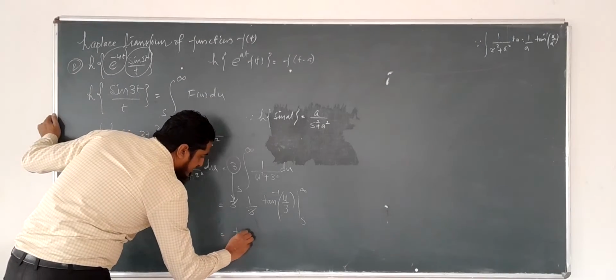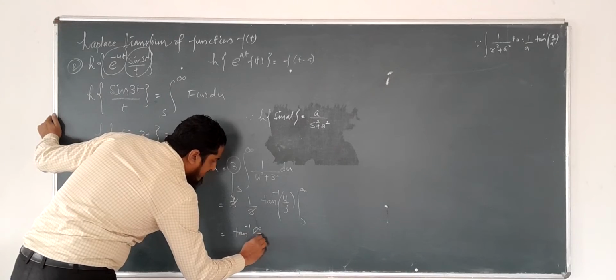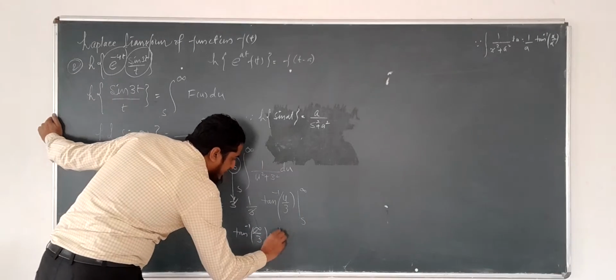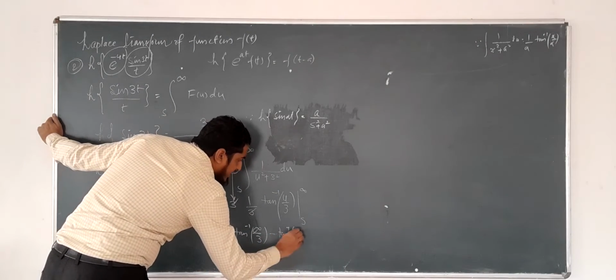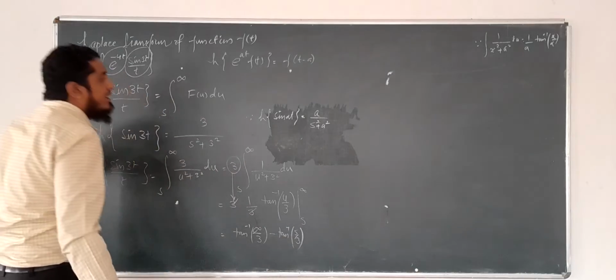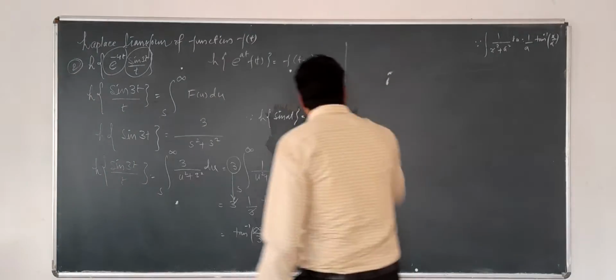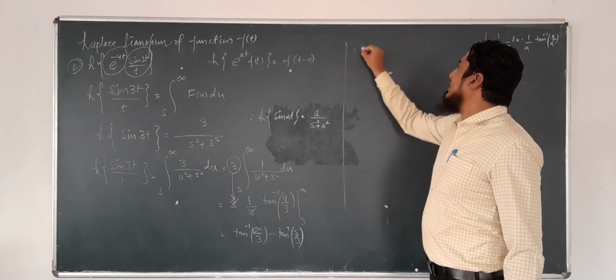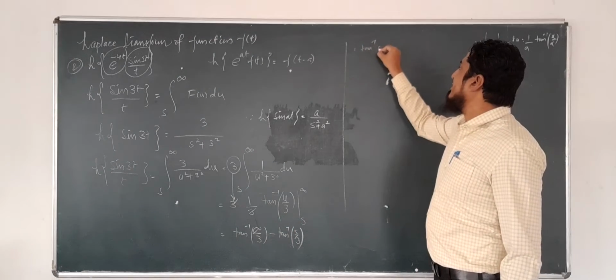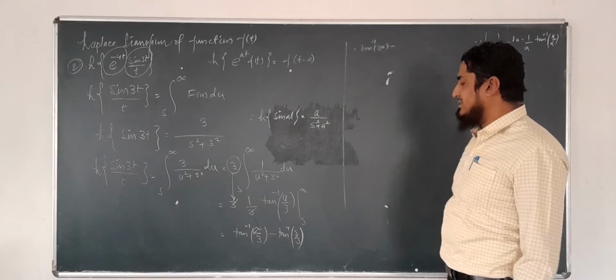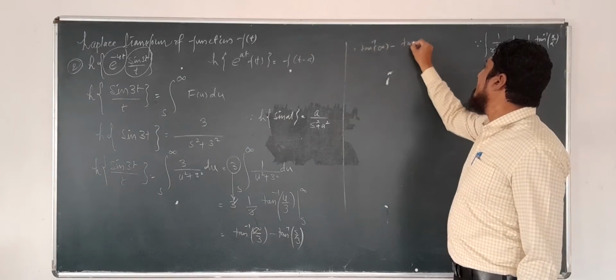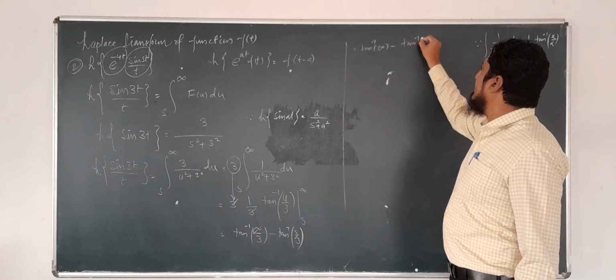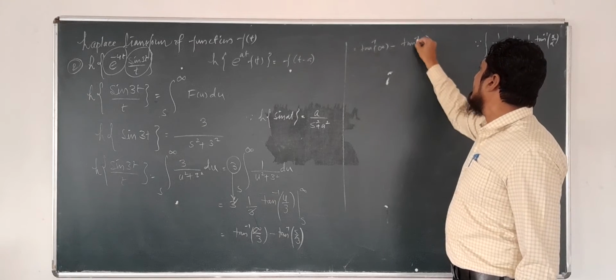Now tan inverse of infinity upon 3 minus tan inverse of s upon 3. And we know that infinity upon any finite number is infinity, so we will get tan inverse of infinity minus tan inverse of s upon 3.